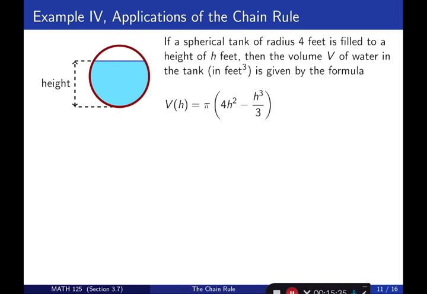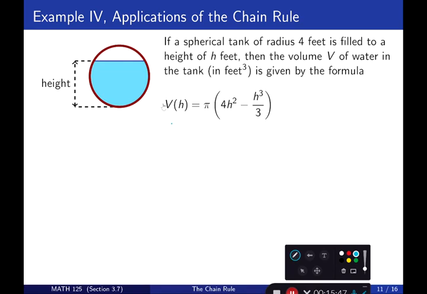By the way, you have to derive this formula in calculus 2, and we still haven't learned how to do that in calculus 1. But let's say that we know the formula because somebody in calculus 2 has done it for us.